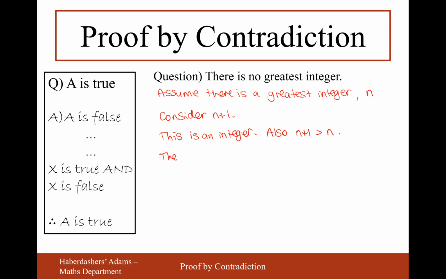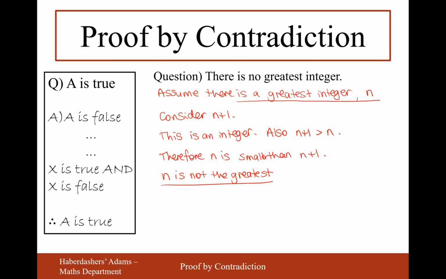So therefore, n is smaller than n plus 1. So n is not the greatest, which is the contradiction. n is the greatest, and n is not the greatest.